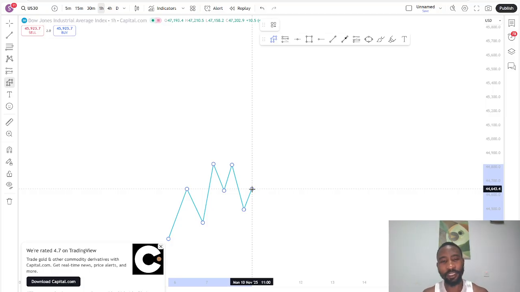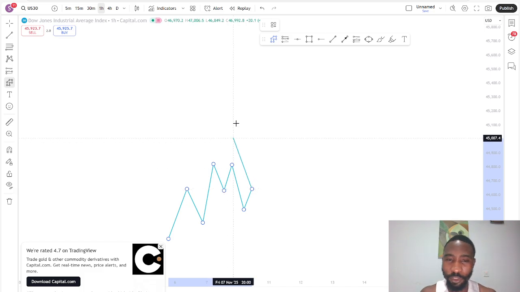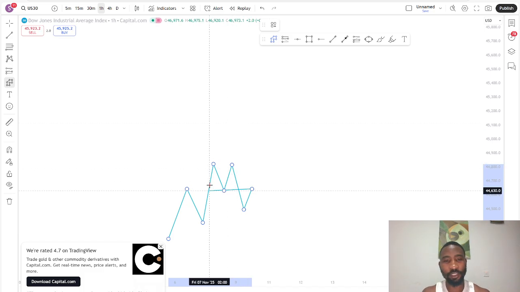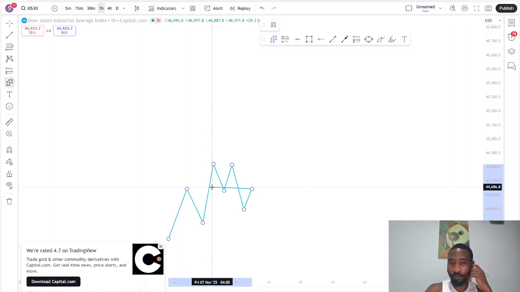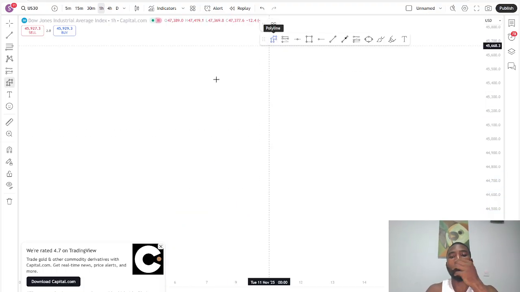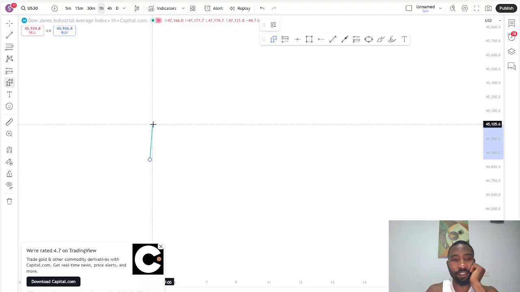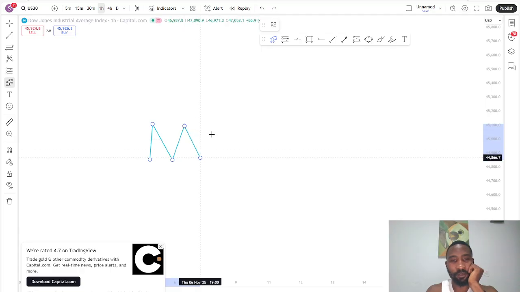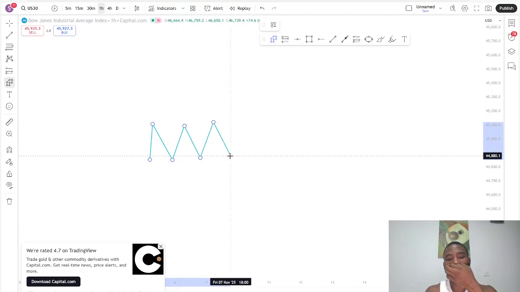That's not what I'm saying. Instead of continuing the trend, it will not. This is just called a liquidity grab because the market knows that there are a lot of sellers here. Let me go back. So now we have the market consolidation, right? Just doing this.